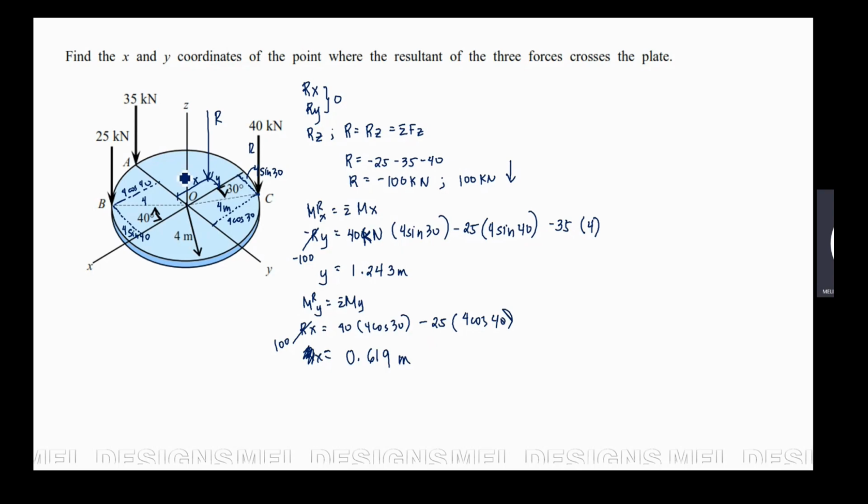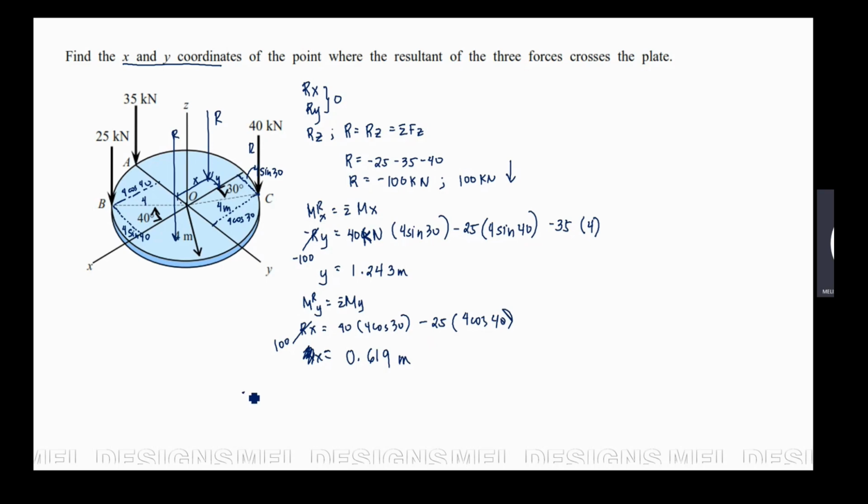So, kung in-assume nyo na nandito yung location ng ating resultant, okay lang din, kasi ang magdi-dictate niyan will be the sign conventions kung ano man yung magiging sagot niya. So, for this one, kung ilalagay na natin yung coordinates kasi x and y coordinates yung hinahanap, nandito yung x, dito sa bandang likod.